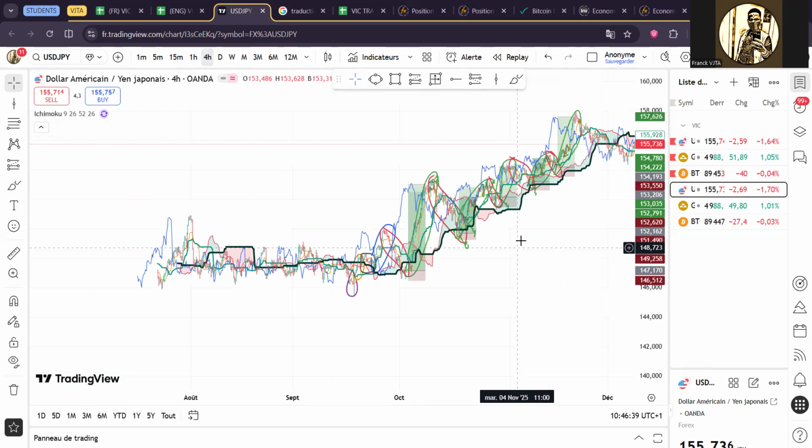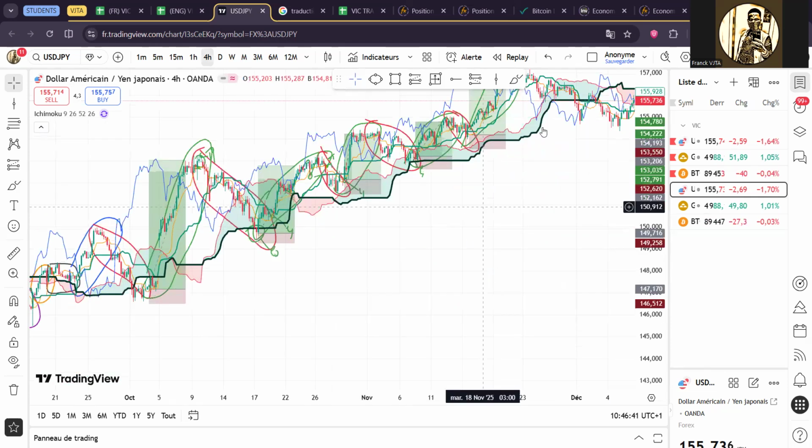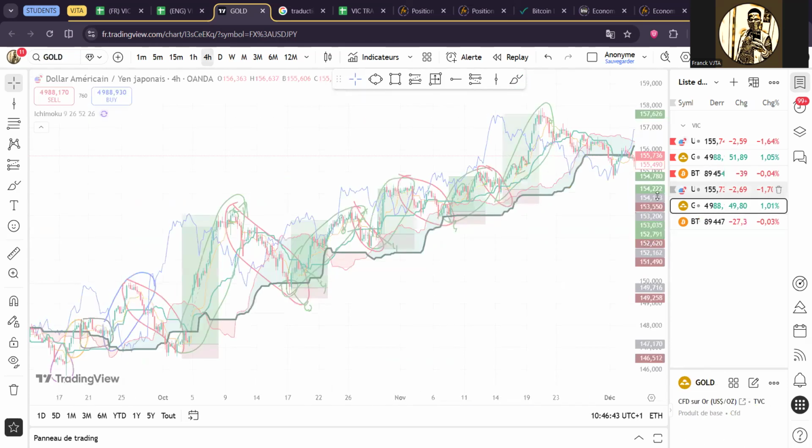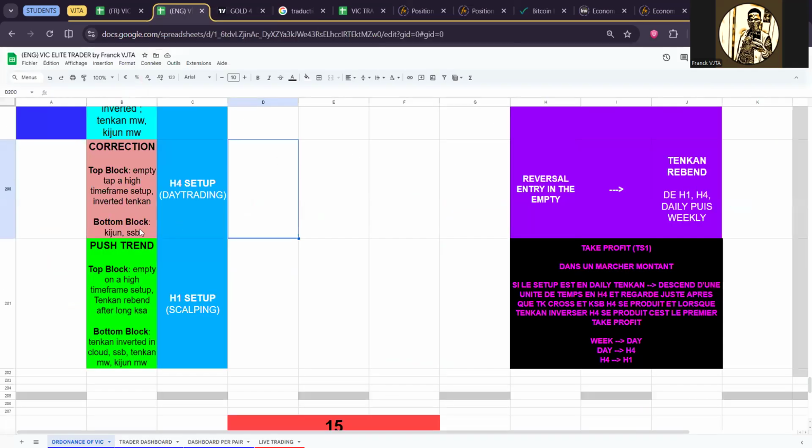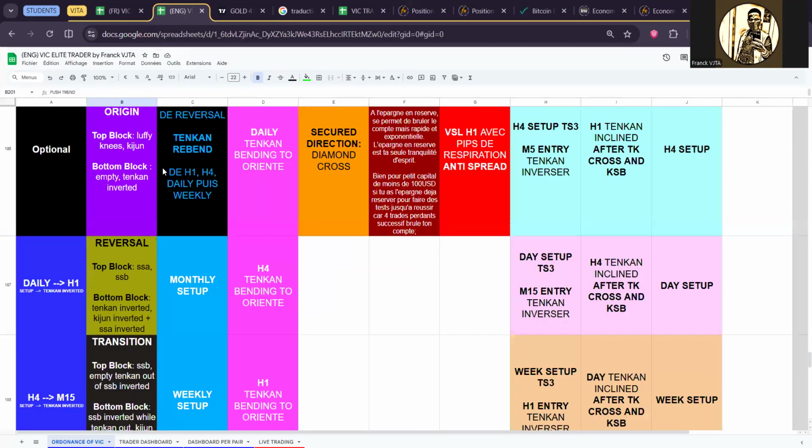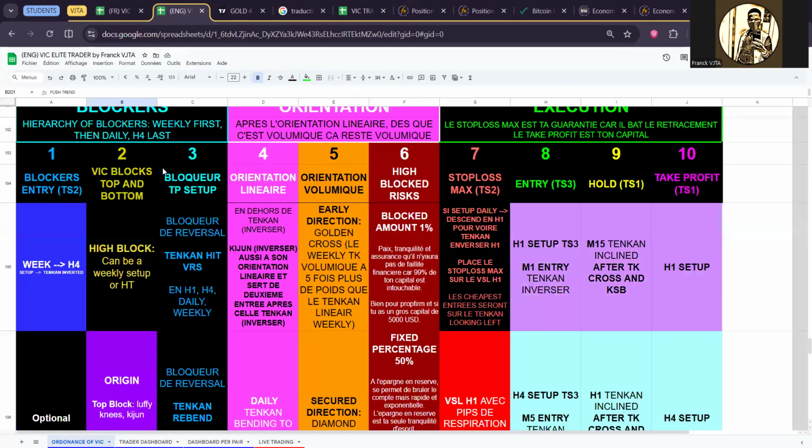We have none of that. So Tenkan bending will be your take profit. So that's it for the blocks. That's it for the Vegeta Ichimoku cycle blocks, top and bottoms.